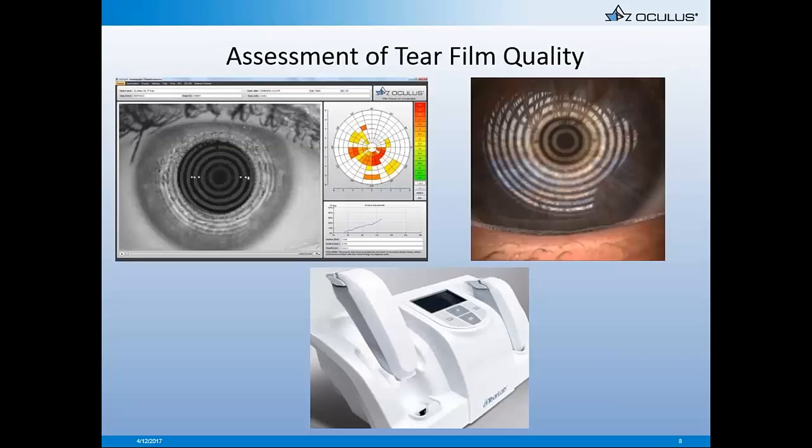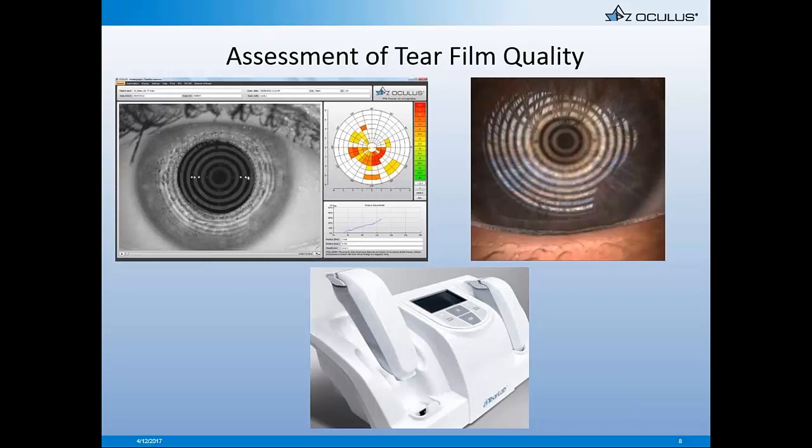So also, besides the quantity of tears, the quality of tears is extremely important. In this slide, you can see non-invasive tear breakup time. That is extremely important when it comes to what you can learn from a patient's dry eye state with the K5.